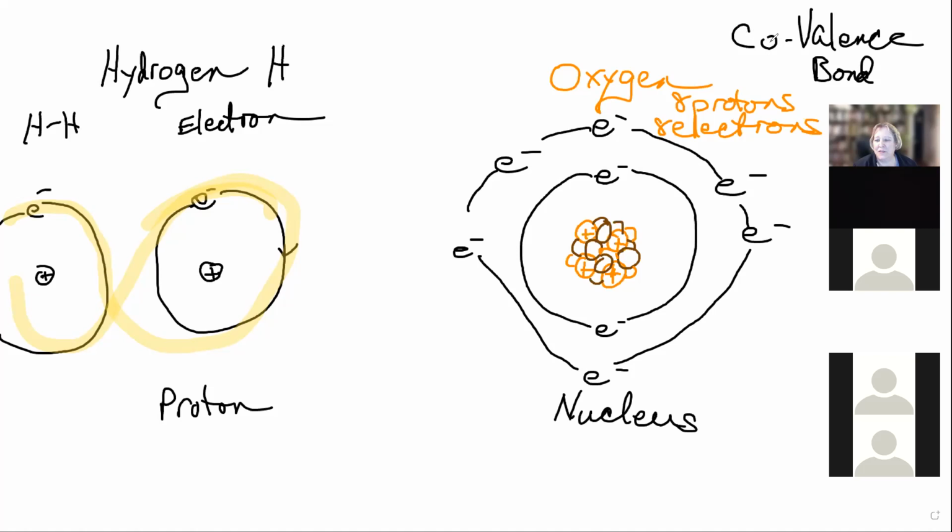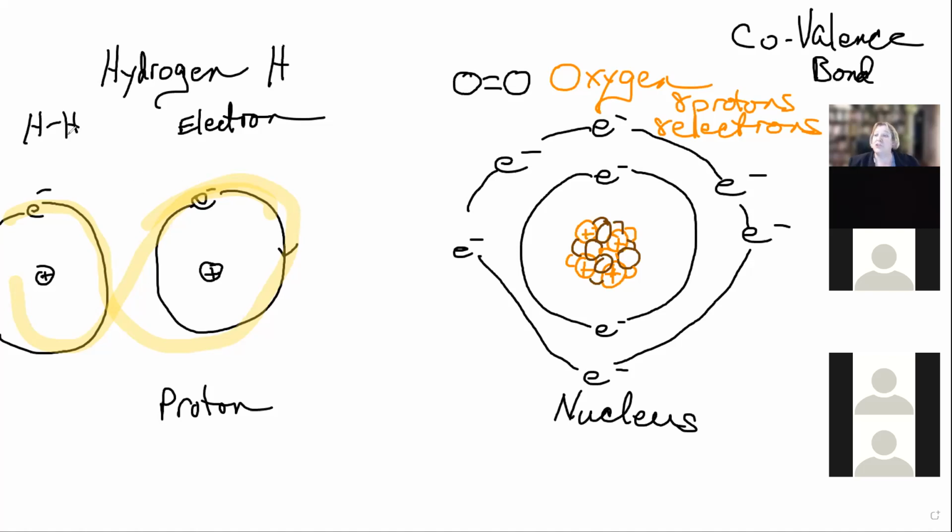We spell it C-O lowercase v-A-L-E-N-C-E, but I split it up so you can see where we get the words from. Oxygen does the same thing, and we represent this sharing by showing a line. Oxygen will get together with another oxygen in the atmosphere, but instead of sharing one electron between them, like this one, this electron spending some time around both of them, this one spending time around both of them.